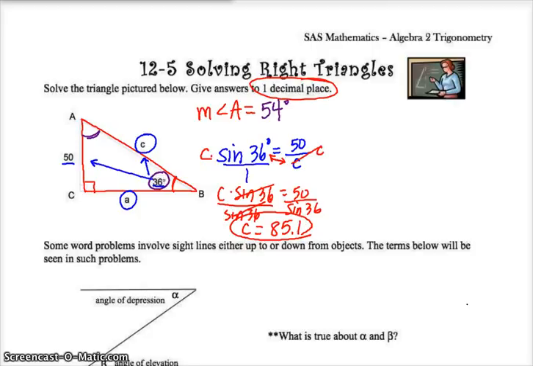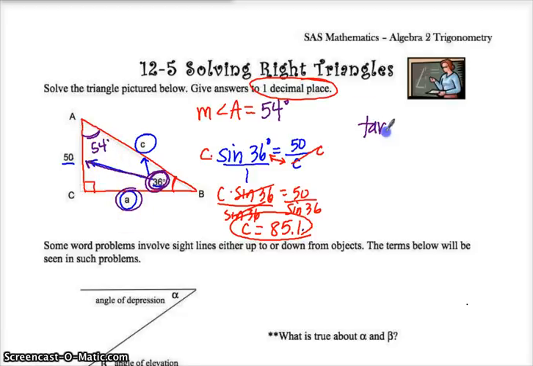The last thing I need to do is find letter A. Well, let's go back to my statement that you should use the given information. Don't use this rounded decimal because that's going to potentially make your letter A inaccurate. So instead, say to yourself, okay, if I want to use 36 degrees, what trig function relates 50 and A? Or you could use the 54 degrees because that's going to be accurate as well. So obviously it has to be a tangent.